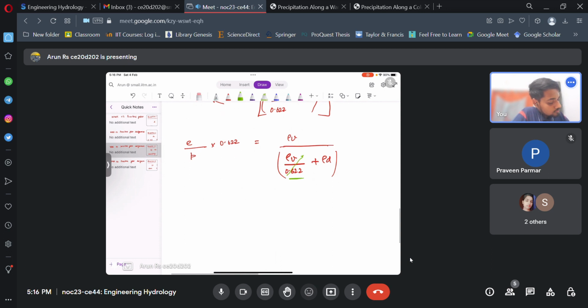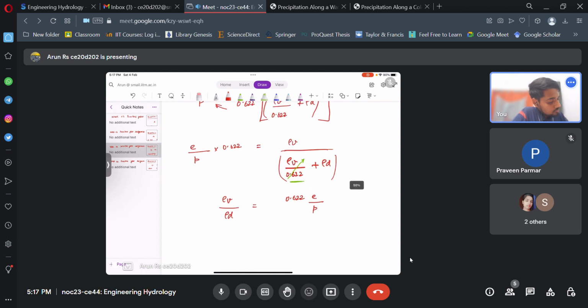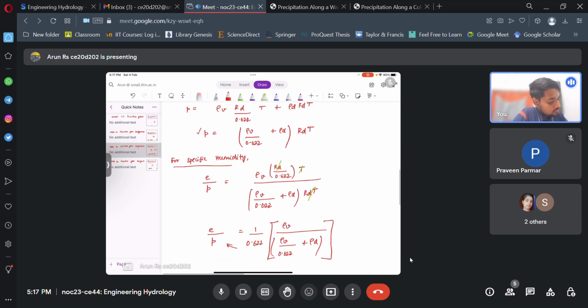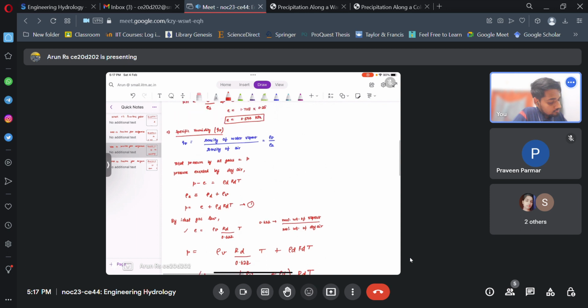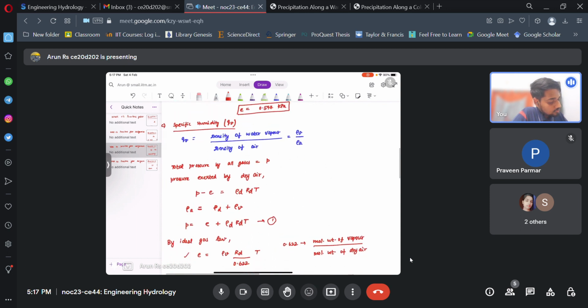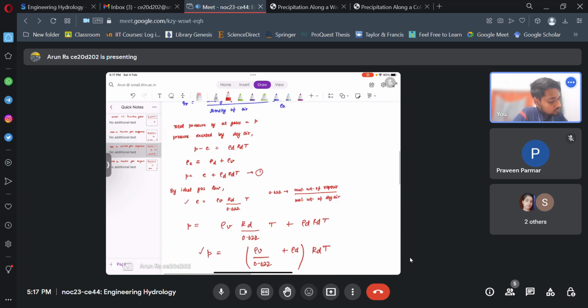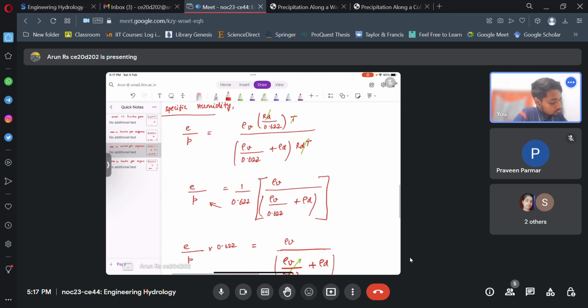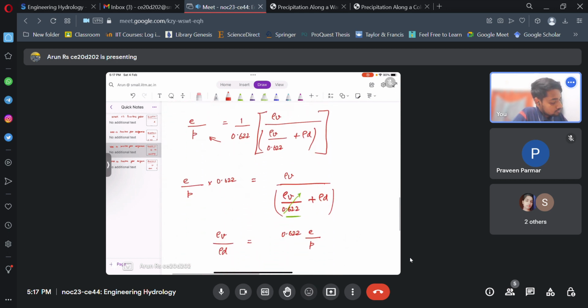So if I neglect this, I'll be getting rho v by rho d, which is equal to 0.622 into E by P. So if you see the definition of specific humidity, it is rho v by rho.